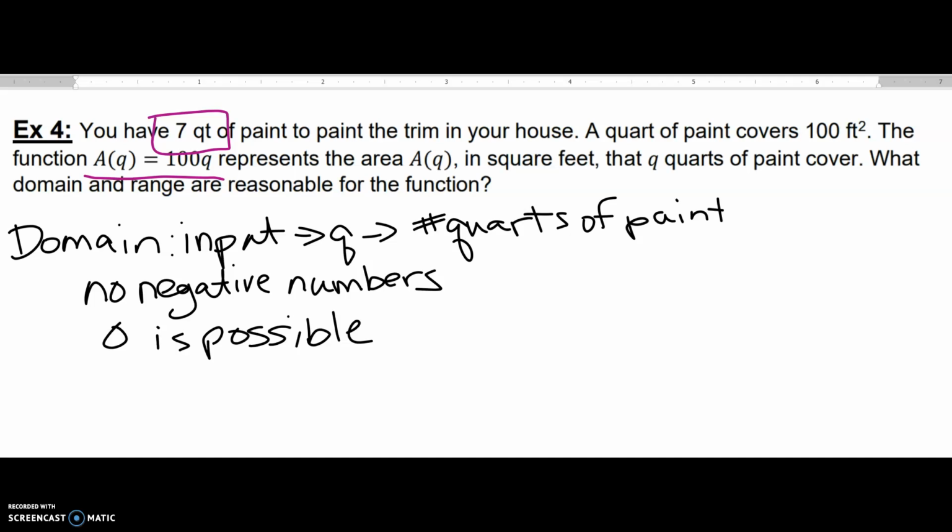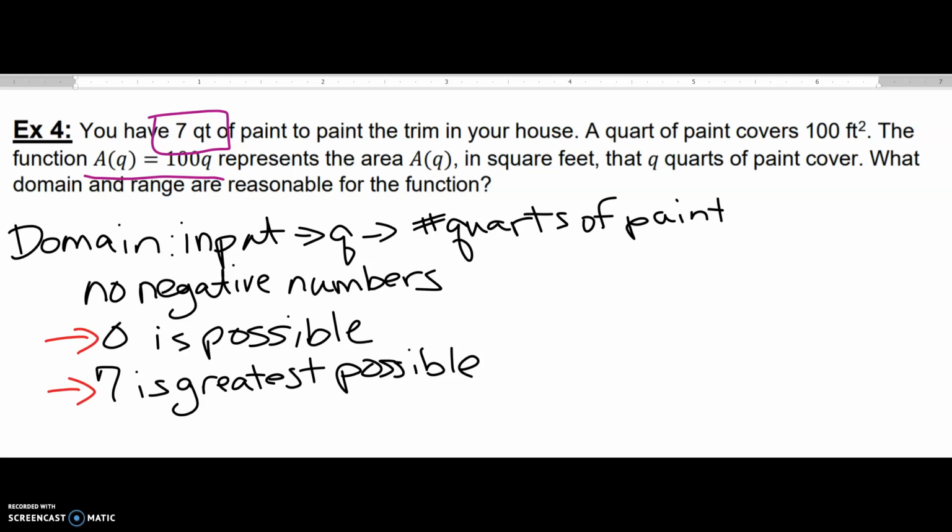You can't use more than that because you don't have any more than that. So 7 is your greatest number possible. So that means that we can use any number of quarts of paint, starting with the number 0, going all the way up to the number 7, including both of those.